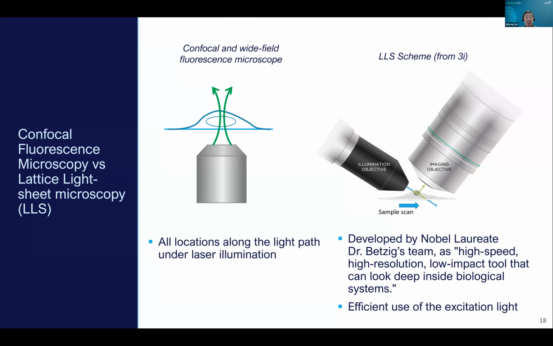Basically, the excitation light and the fluorescent emission light are perpendicular to each other. This way uses the excitation light very efficiently. In other words, only the place we want to see receives the excitation light, and the places we don't want to see do not receive the laser excitation. So the phototoxicity and photobleaching are low.